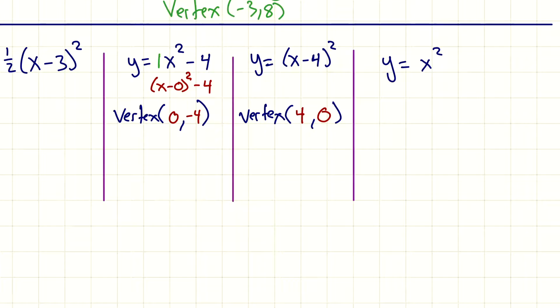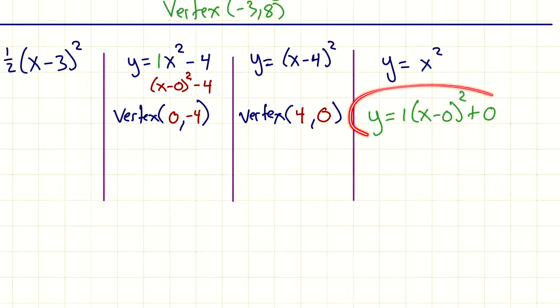So remember, this is the default one, which really means this is the same thing as, let me rewrite this for us, imagine it looks like this: x minus 0 squared plus 0. This is the same thing.